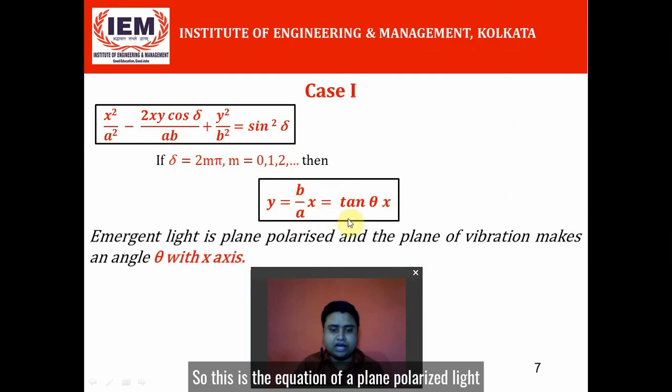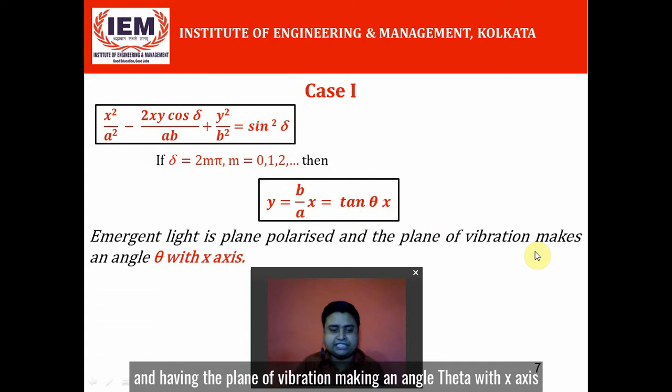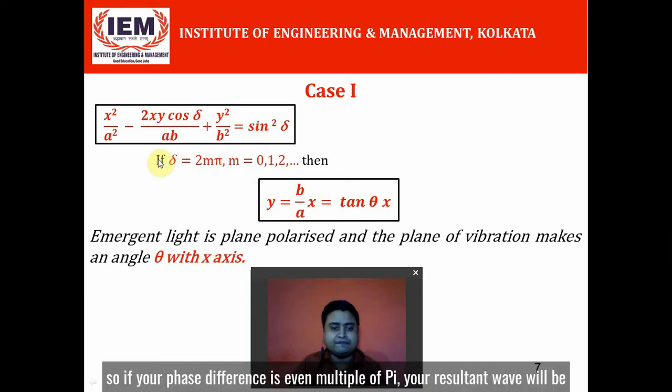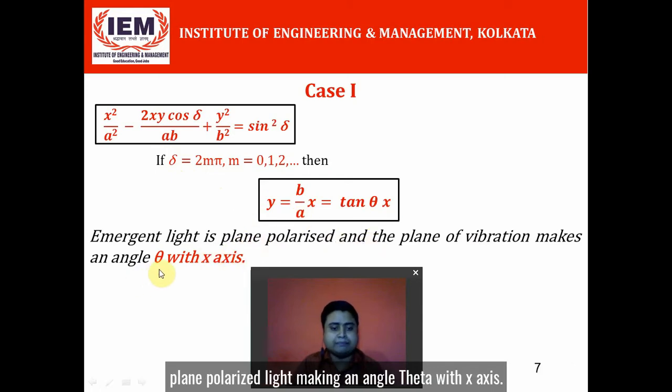This is the equation of plane polarized light, with the plane of vibration making a positive angle theta with the x axis. So if your phase difference is an even multiple of pi, your resultant wave will be plane polarized, making an angle theta with the x axis.